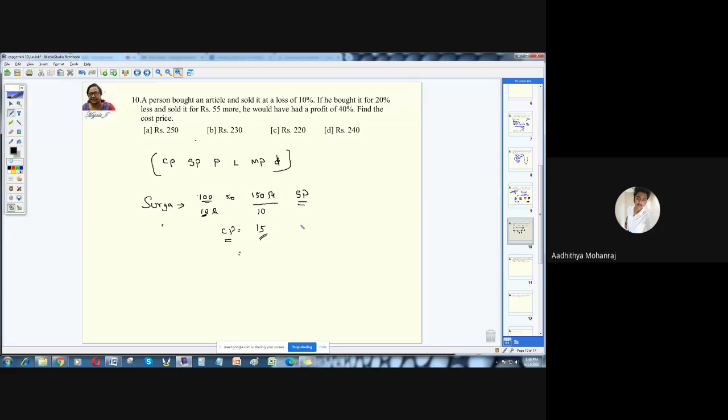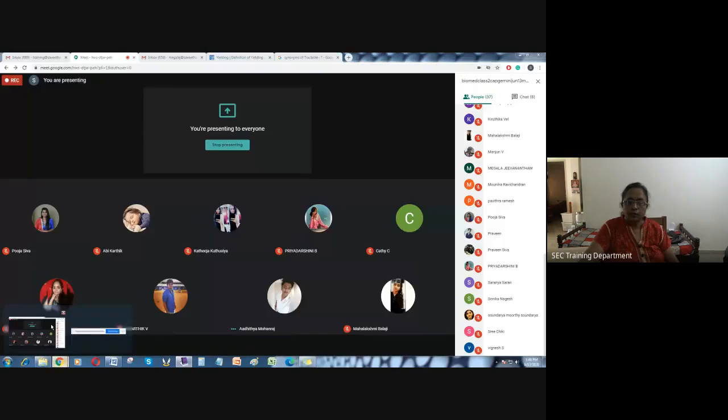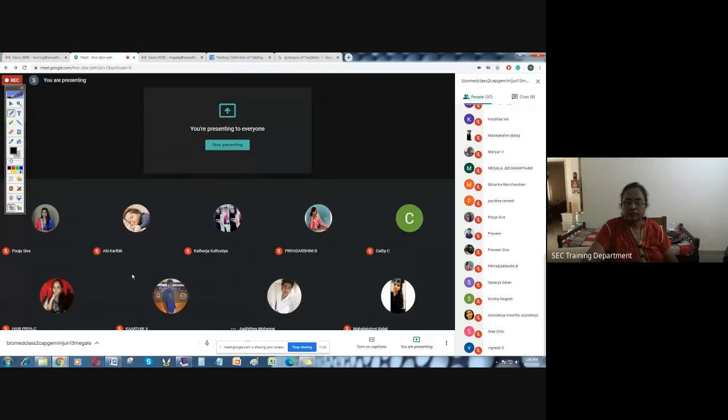Percentage of cost price, ma'am. Percentage of cost price. Practically, I'm asking. Where is Surya? Is he present there? I saw him entering. Is he there or did he just enter and leave?